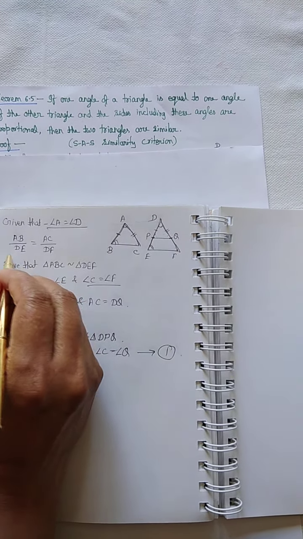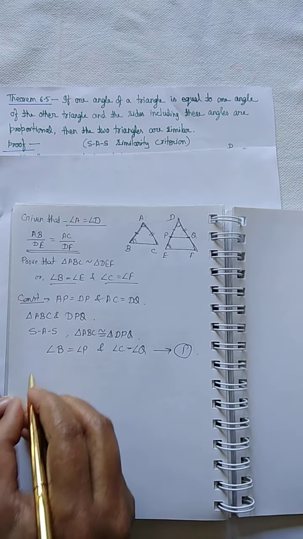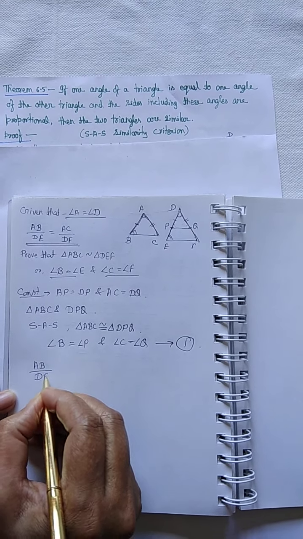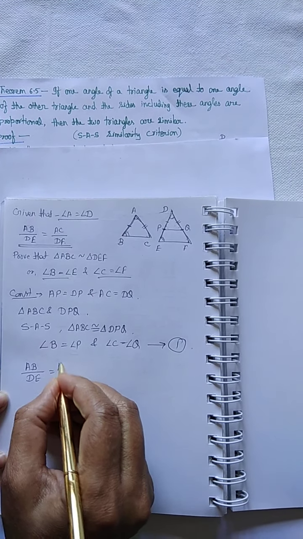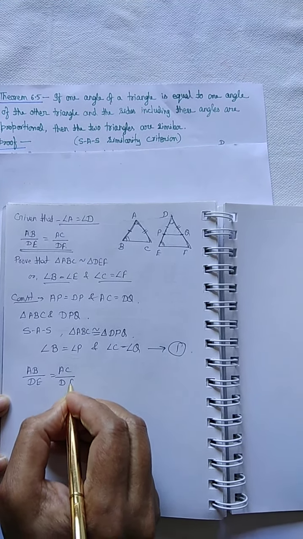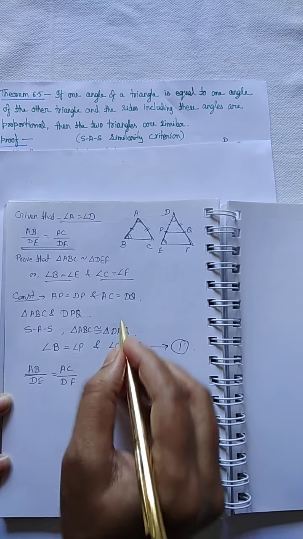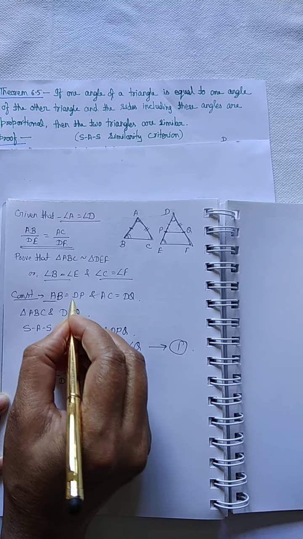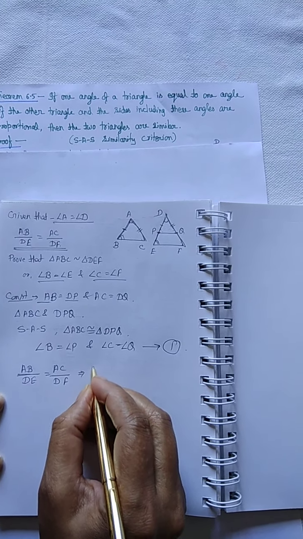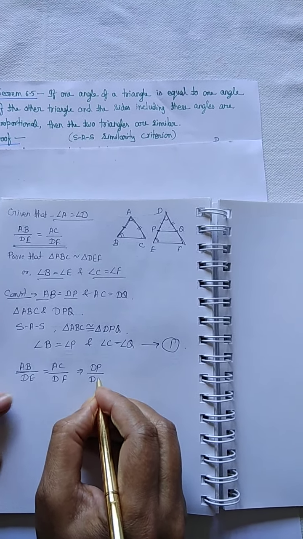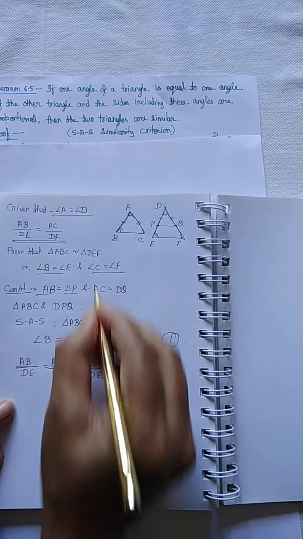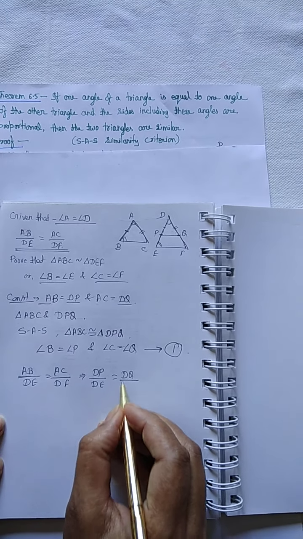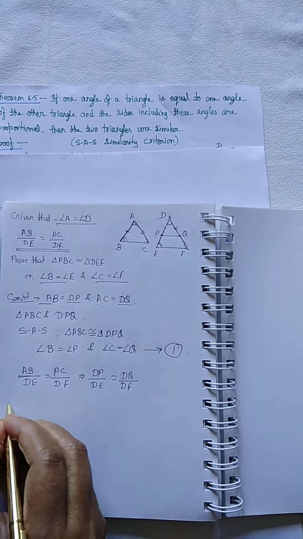Okay. Now as per our given equation, AB by DE equals AC by DF. So what is AB? Here, this is AB. So AB is DP. So we can write it as DP by DE equals AC by DF. What is AC? AC is DQ. DQ by DF. Okay.